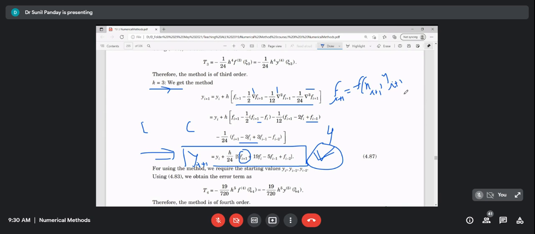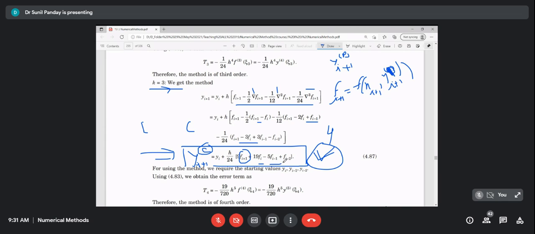We will substitute the value of yi plus 1 from the Adams-Bashforth predictor method into f of xi plus 1, and then we will get the corrector value of y of i plus 1.